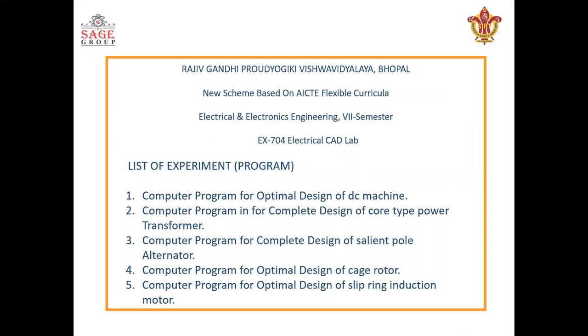It is prescribed as per the RGPV university syllabus that a student should know about all the programming code related to the optimal design of DC machine, transformer, alternator, induction machine, cage type, and slip ring, both.